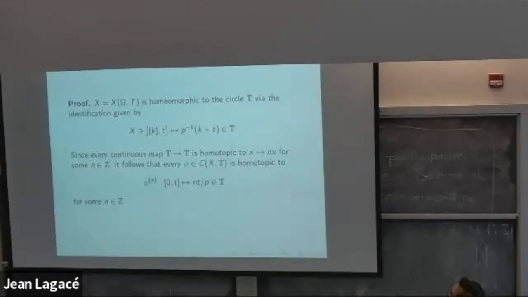And now, after thinking about X as T, continuous functions from X to T you can think of as continuous functions from T to T. And then you invoke a known result that a continuous function from T to T is homotopic to multiplication by an integer. So in the original variables now, really what you do here is you multiply this by n.